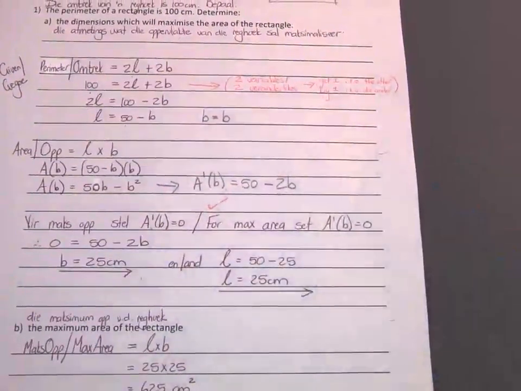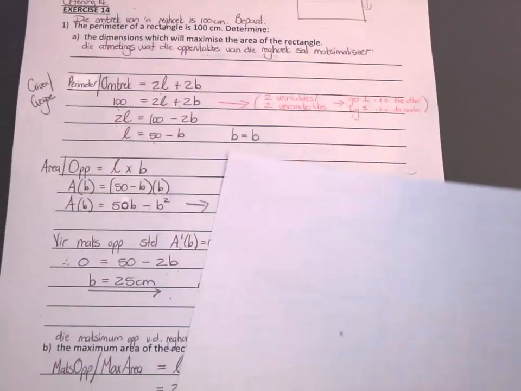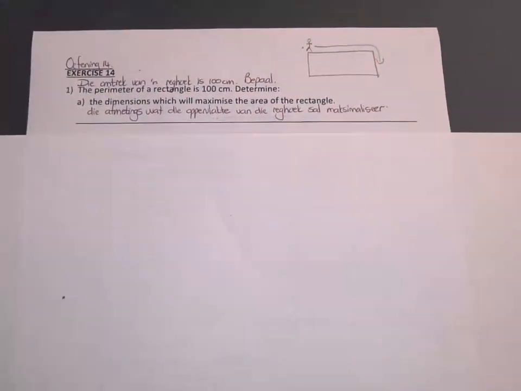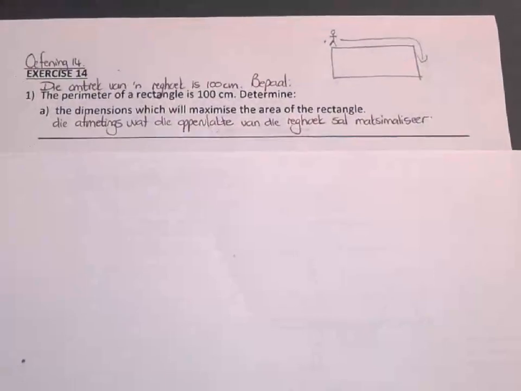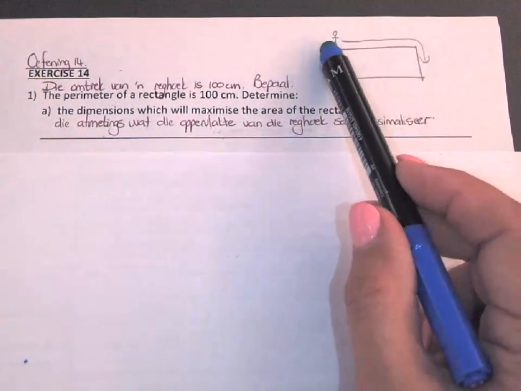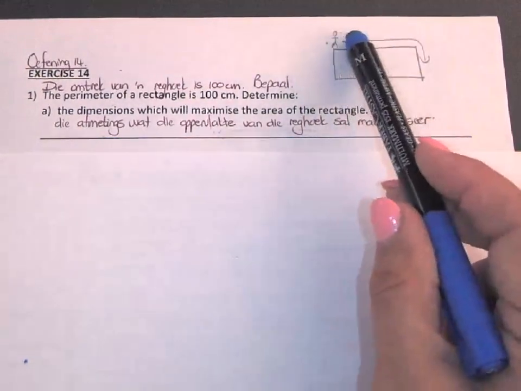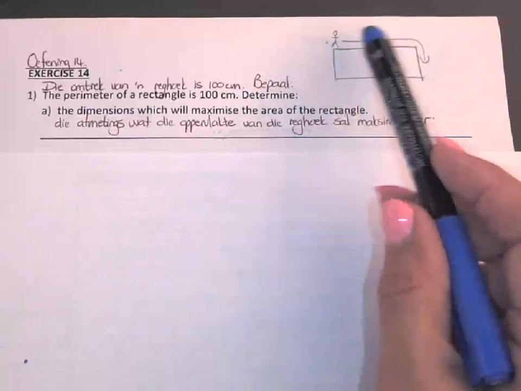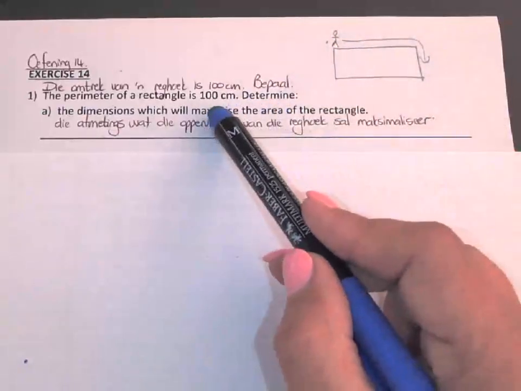Let's now do the example. Actually, the first one of your homework. Exercise 14, number 1. They say that the perimeter of a rectangle is 100 centimeters. In other words, if I go around the rectangle, the distance all around it will be 100 centimeters.